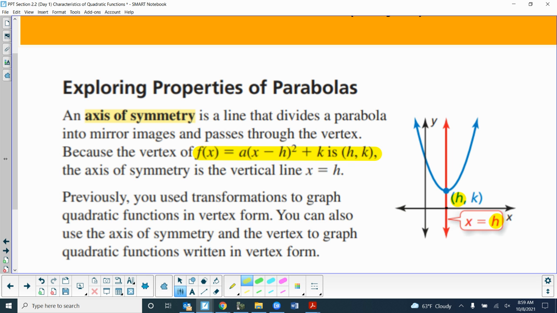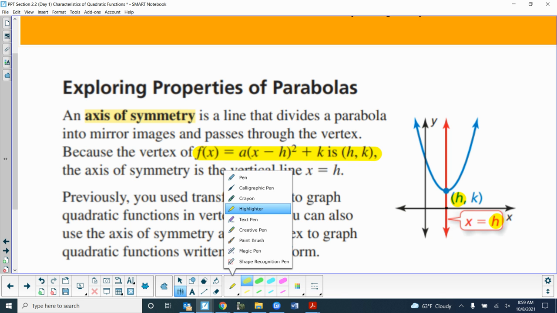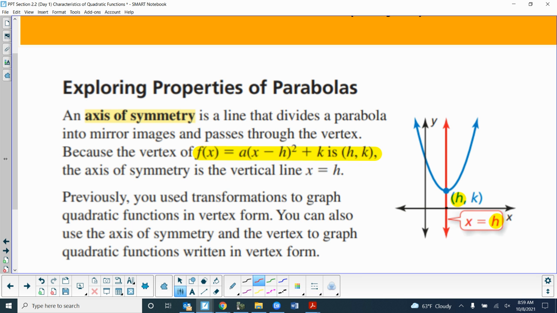Whatever the x value of the vertex is, that is what x equals for the equation of that vertical line, that axis of symmetry. It's always an equation for the axis of symmetry: x equals whatever the x value of the vertex is.